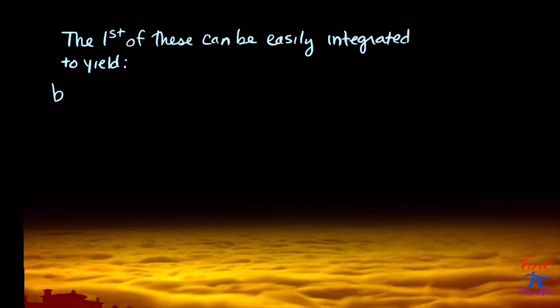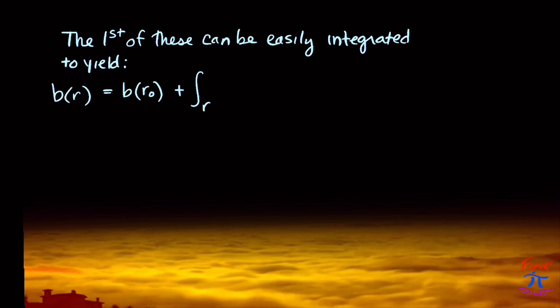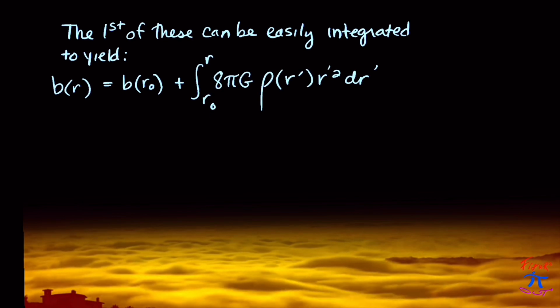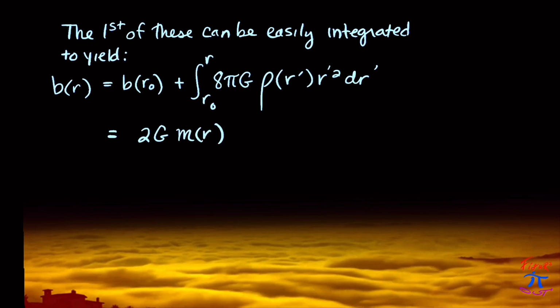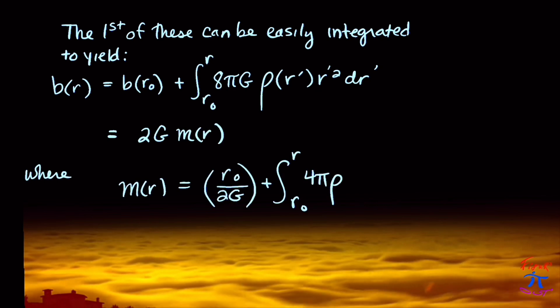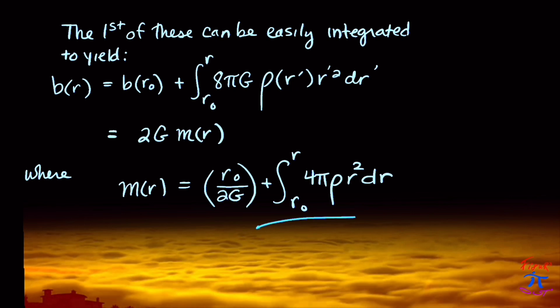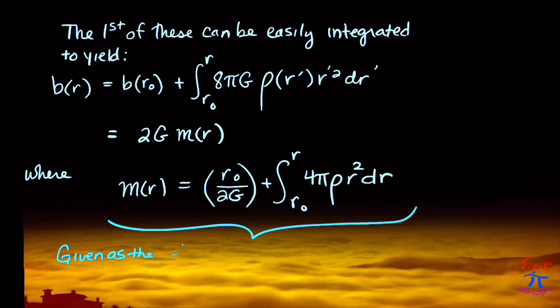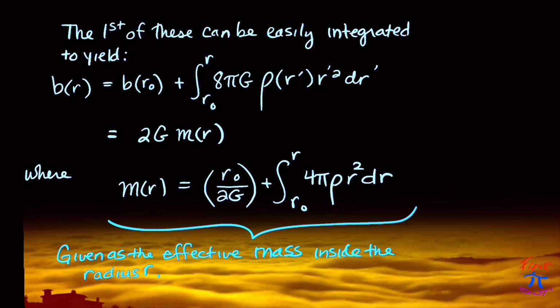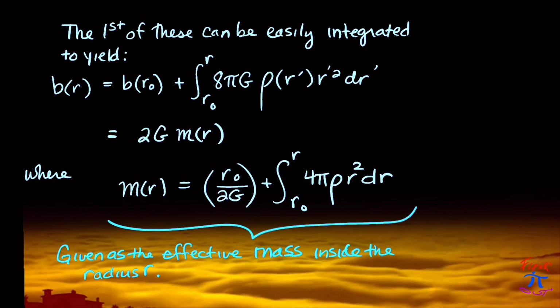The first of these can be easily integrated to yield the following shape function. And that gives us 2Gm(r), which is a new mass function which we can represent here. And we can give this as the effective mass inside the radius r.